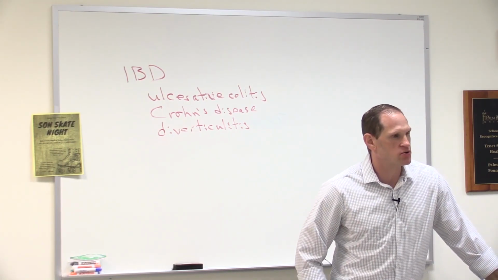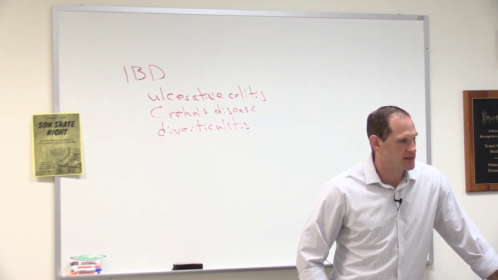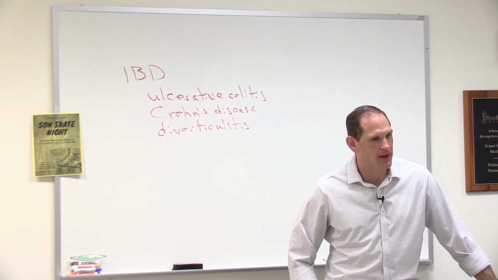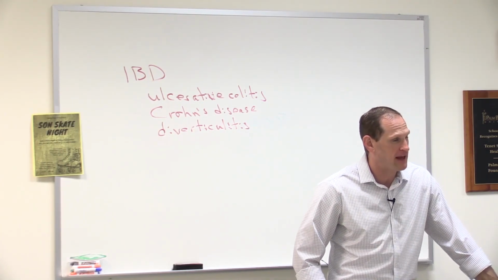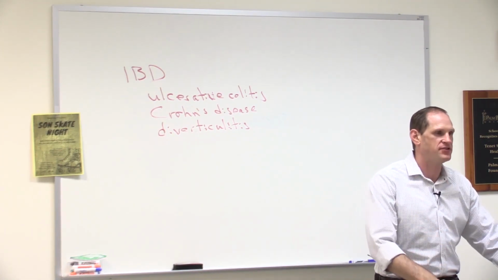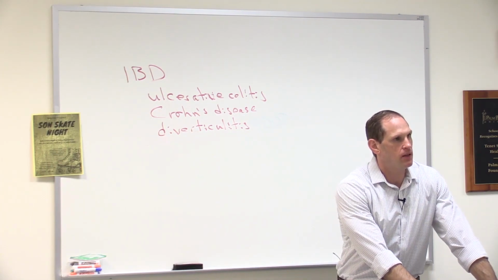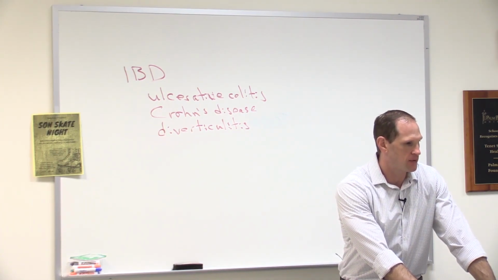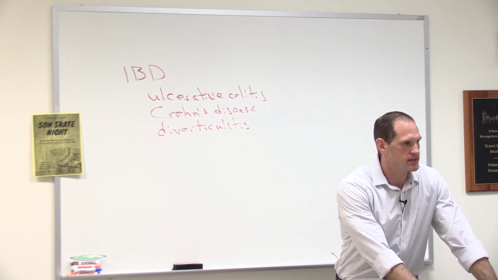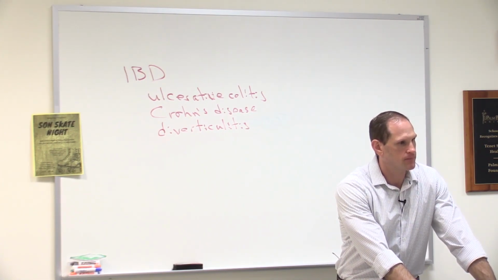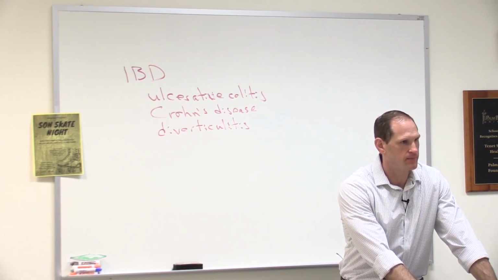The lesions are usually characterized by blood and mucus, and it's an episodic disease, which means that for much of the time, the patient will have no symptoms whatsoever. And then they will have a flare or episode where they have symptoms. During a flare, patients will have large amounts of diarrhea, sometimes losing more than 6 liters of fluid a day, and having more than 16 bowel movements in a day.